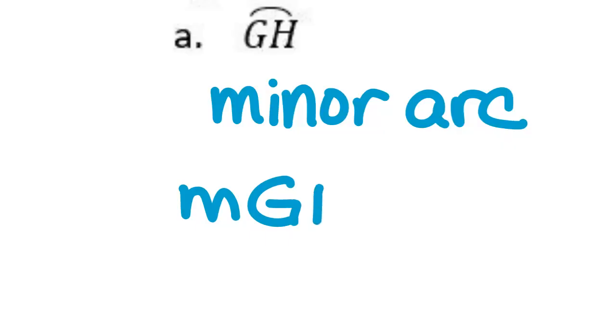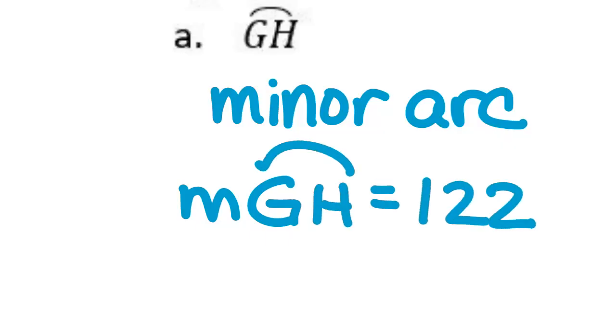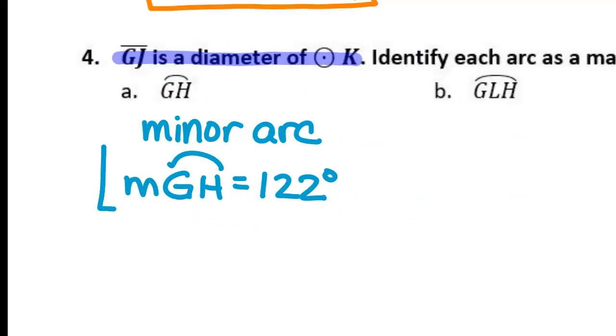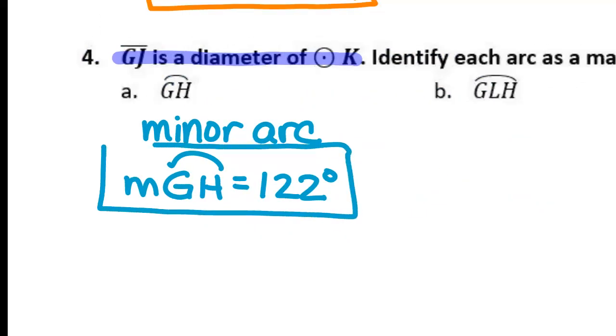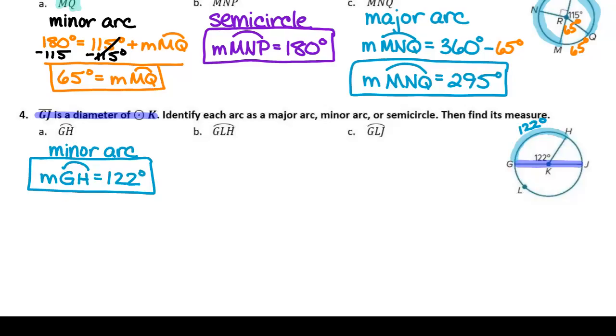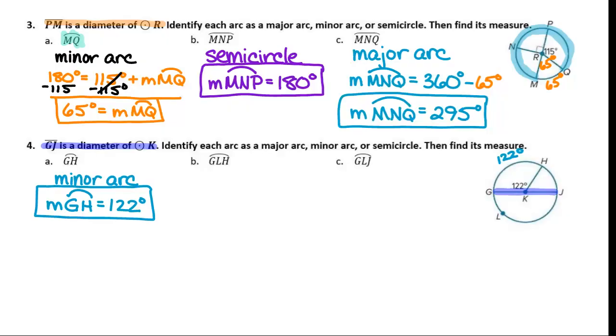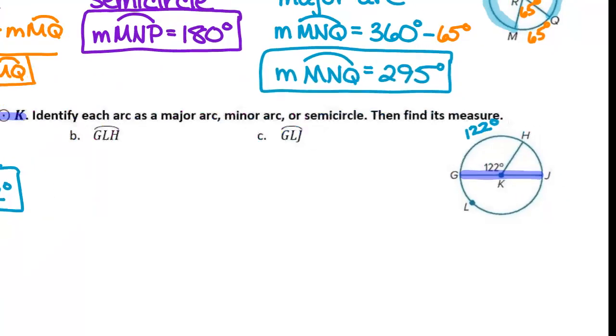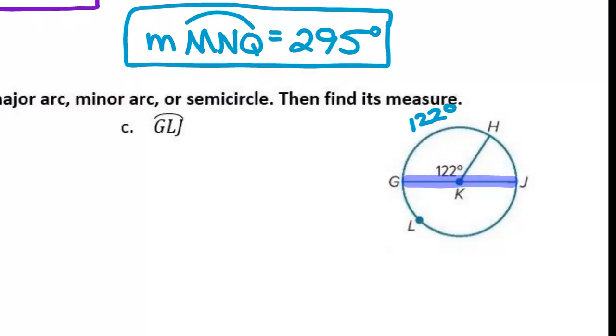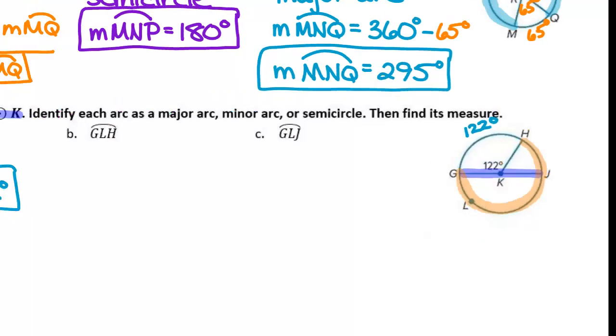Measurement of arc GH is 122 degrees. What about arc GLH? GLH. Minor arc, major arc, or semicircle? Major arc.